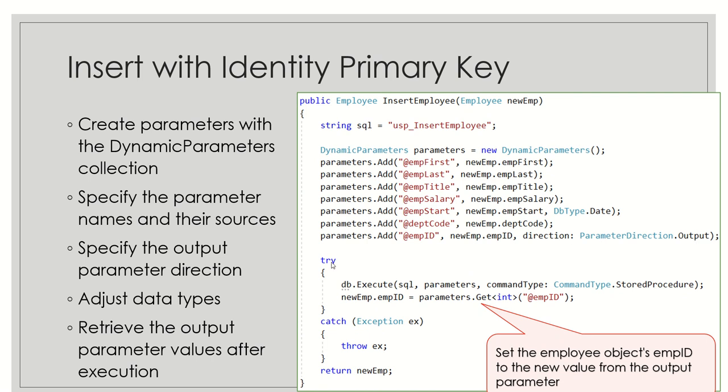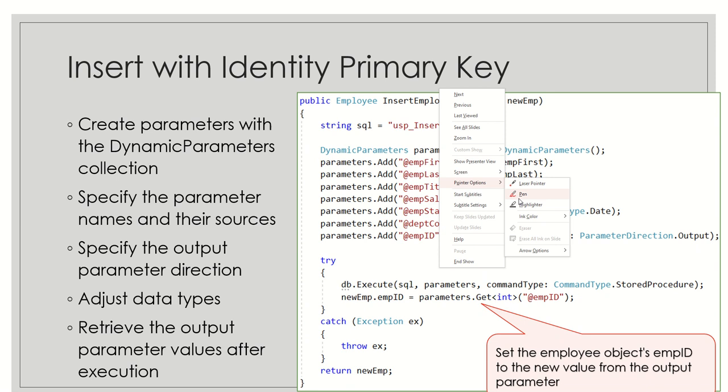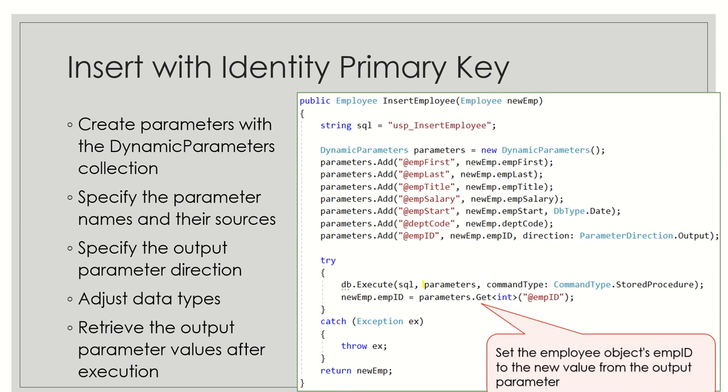Now, we had a statement that executes that given SQL, and one change that we make here, let me just highlight it, is that in the department example, we pass the department object.